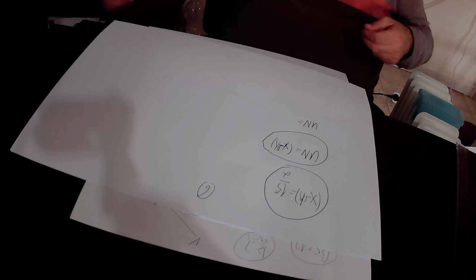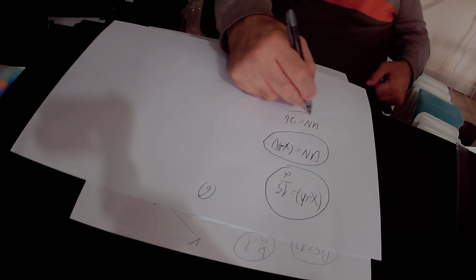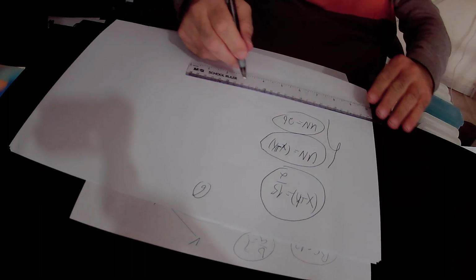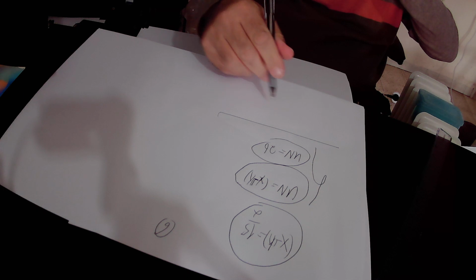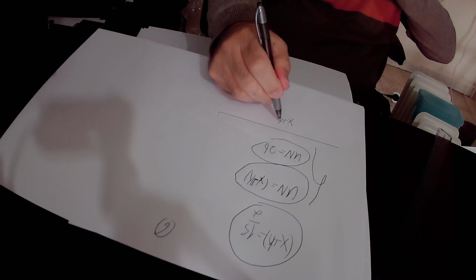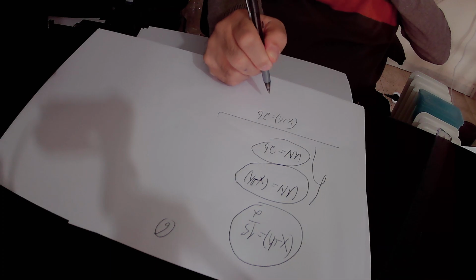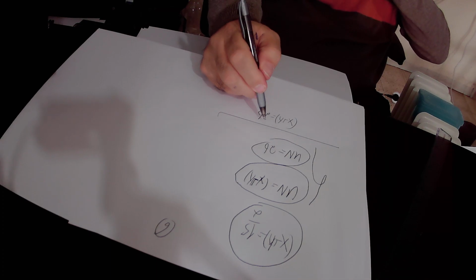We can write here that UN equals 2b, and from those two equations, UN equals x plus h and UN equals 2b, we will derive that x plus h equals 2b.